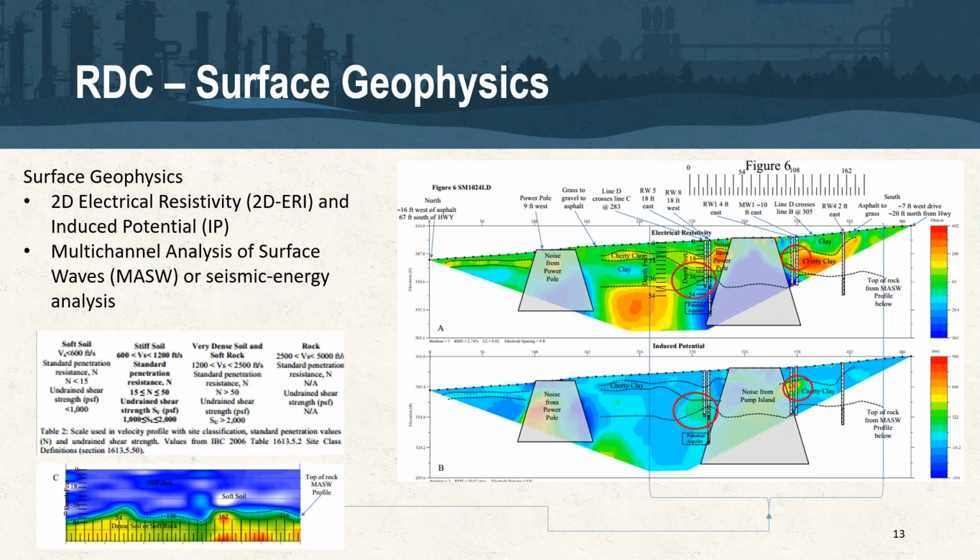So one of the first things we do, if we decide to augment the existing well network at a site, if we have the ability to do it, adds some great resolution and improves the chances of selecting an area of the site where we can install a well that will be productive for injection. One of the easiest ways to do that is to use geophysics, specifically electrical resistivity and induced potential, and then coupling those up with seismic.